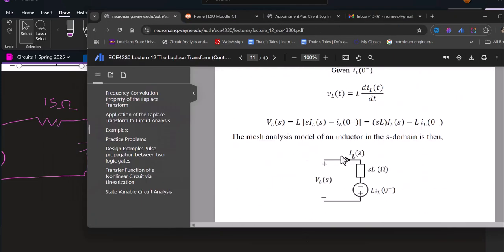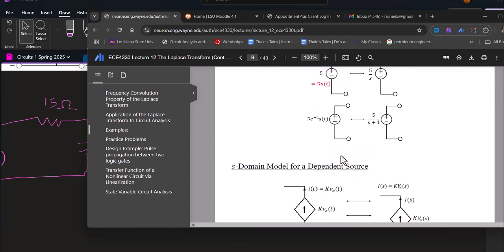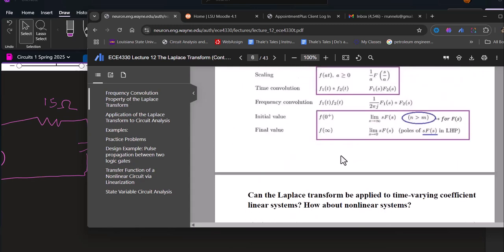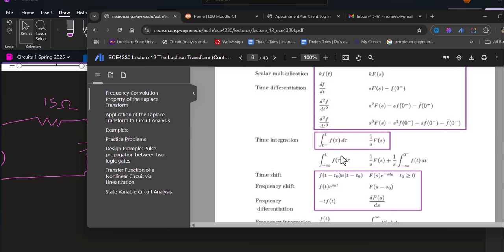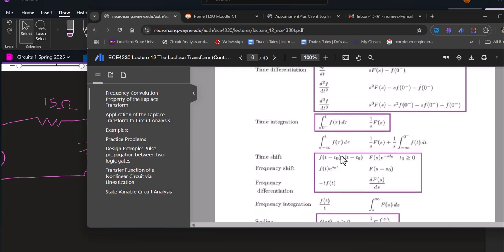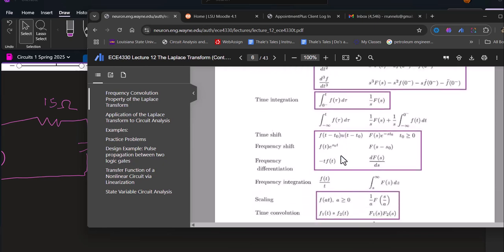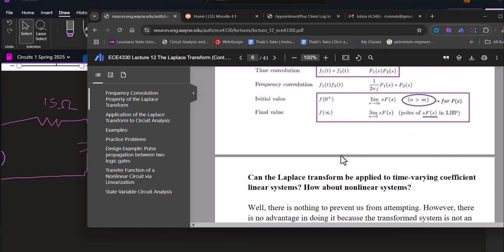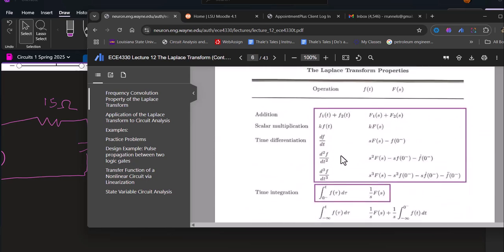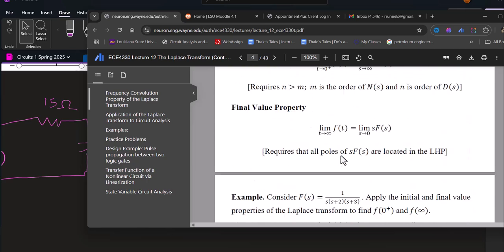Oh wait, there was one on this PowerPoint. Okay, so first of all, it had something added to it, so we may have to come back here for this time shift, but let's look at, those were properties.